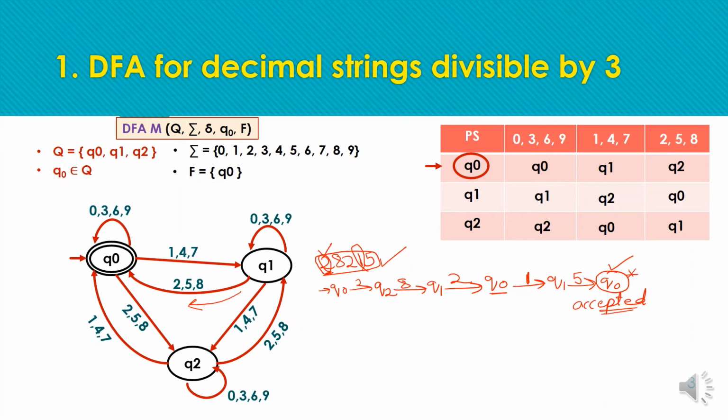And the string is also divisible by 3, as we are having remainder 0 on divisibility by 3. Remainder is 0, so the string should end at Q0, and once the string ended at Q0, the string is accepted by the machine.